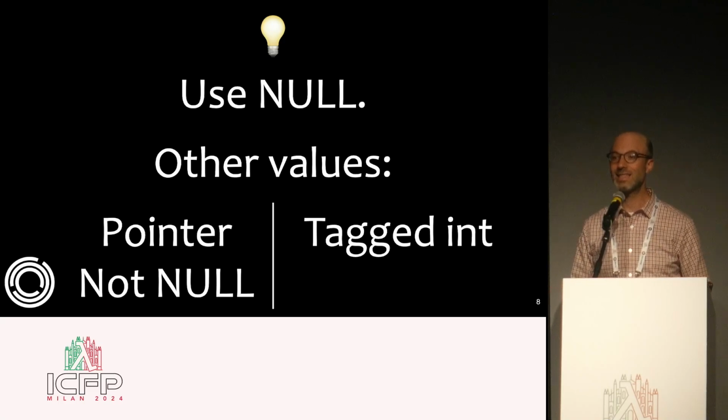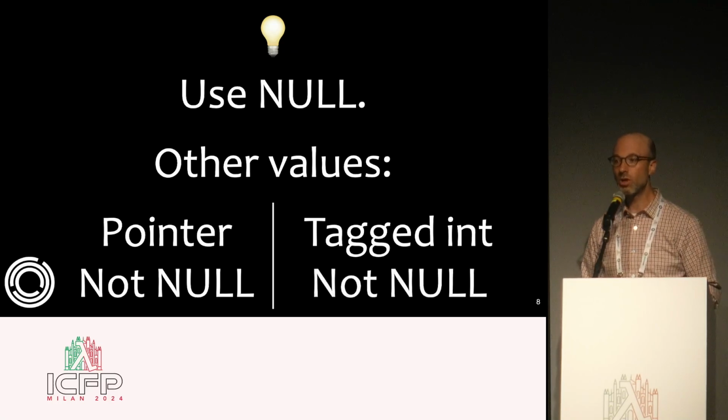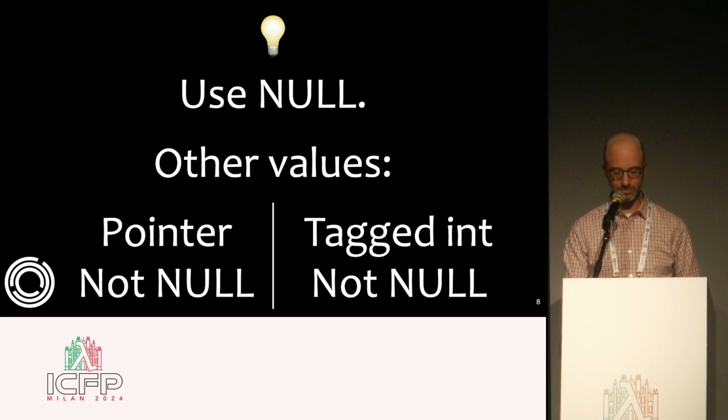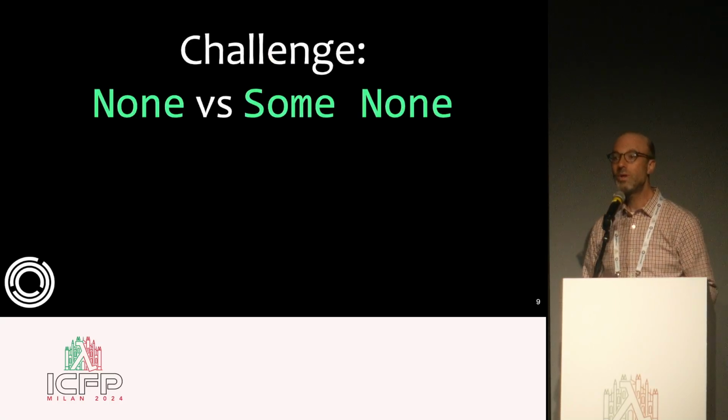But a tagged int, well, it's tagged, so the bottom bit is 1. So even the int that represents 0 still ends in a 1 bit. So it's also not null. So that means that null here really is distinct from all other values that currently exist in OCaml.